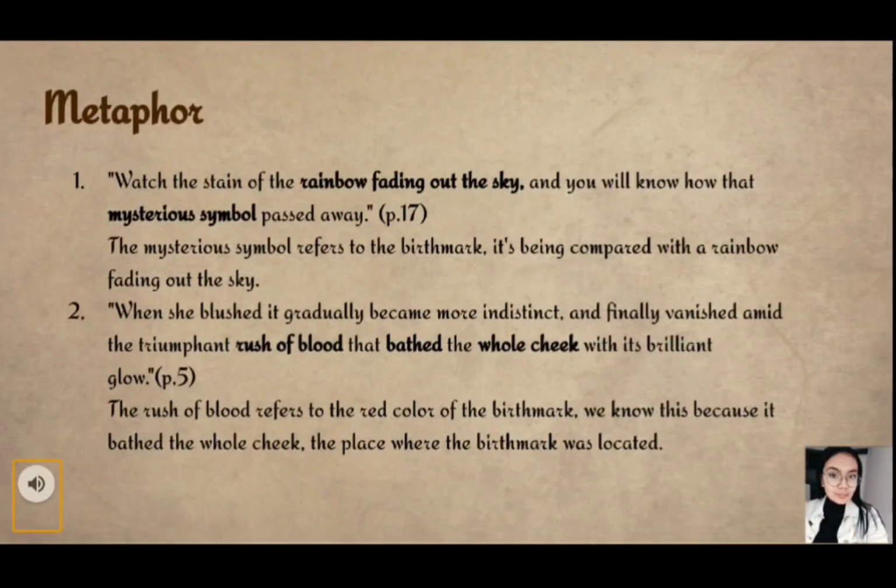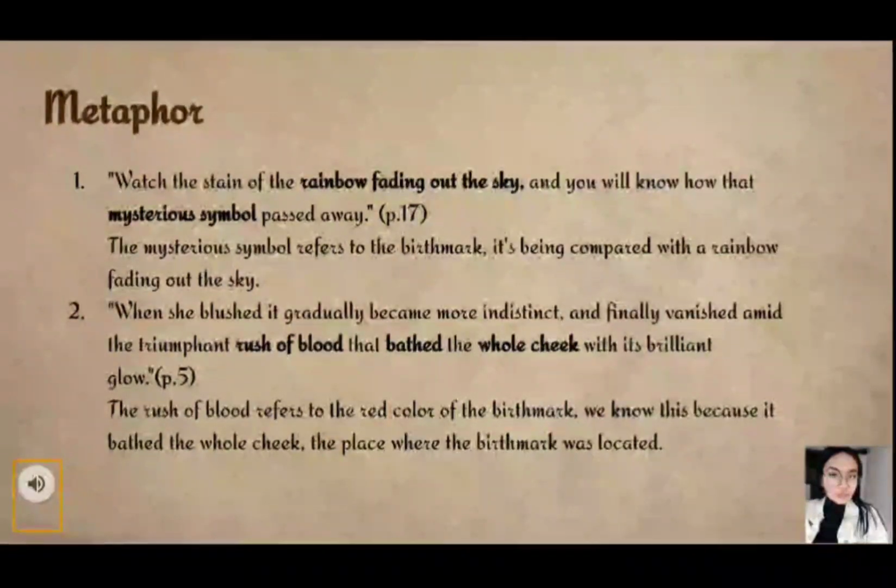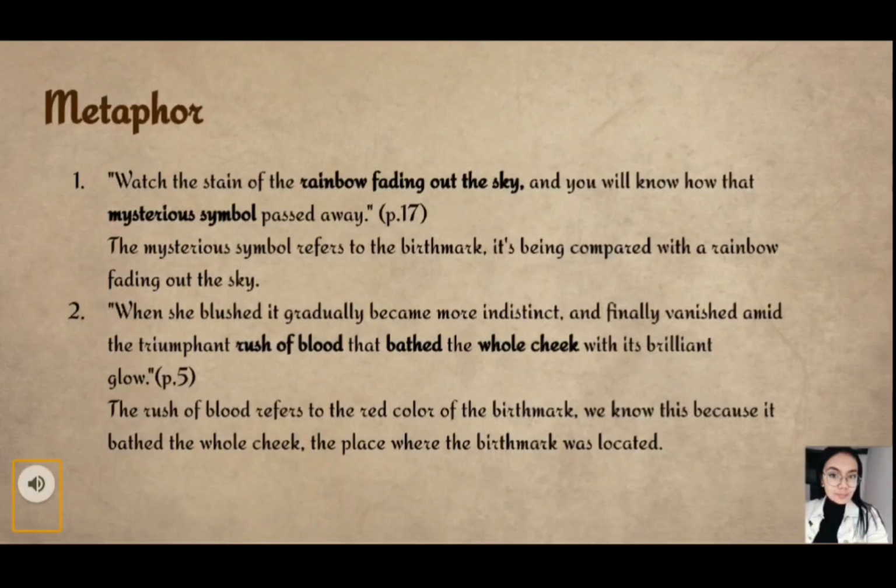Along the story, we can see the author has a wide use of metaphors. We got here two examples. The first one: watch the stain of the rainbow fading out of the sky, and you will know how that mysterious symbol passed away. So, the mysterious symbol refers to the birthmark, and it is being compared with a rainbow fading out of the sky.